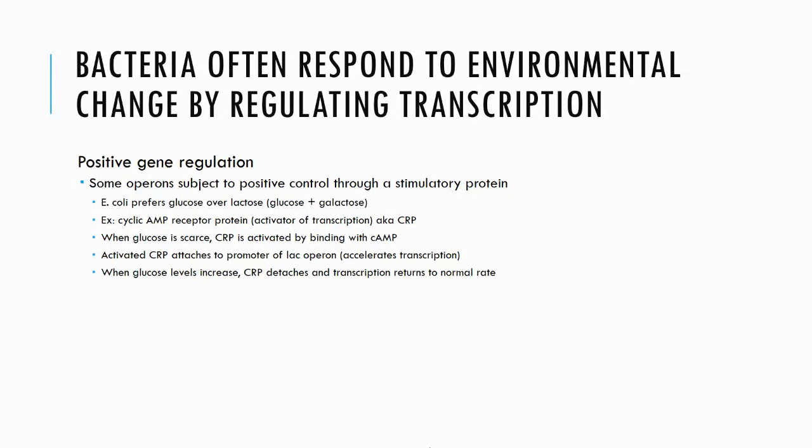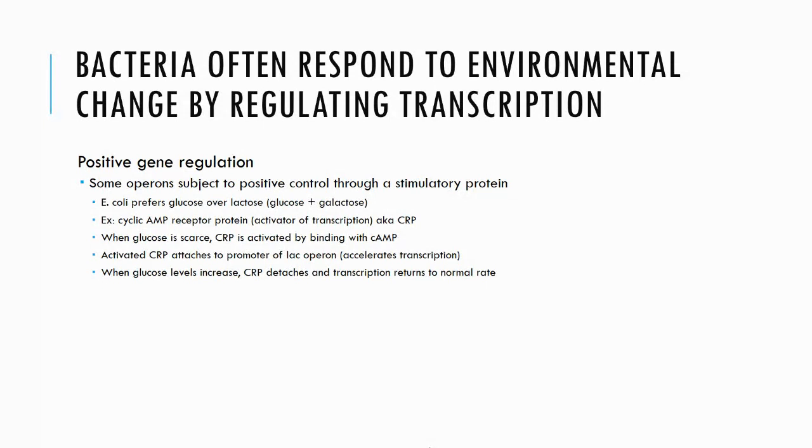And the example here is the cyclic AMP receptor protein, which is an activator of transcription, and for short, we'll call it CRP. So when glucose is scarce, CRP is activated by binding with cyclic AMP. And then that activated CRP attaches to the promoter of the lac operon, which accelerates transcription.